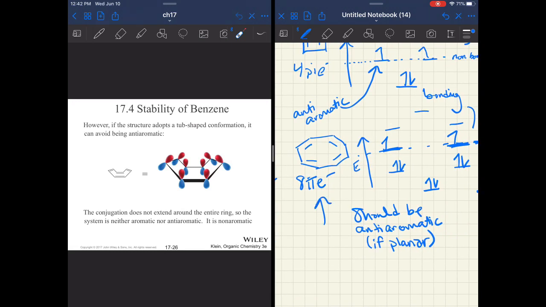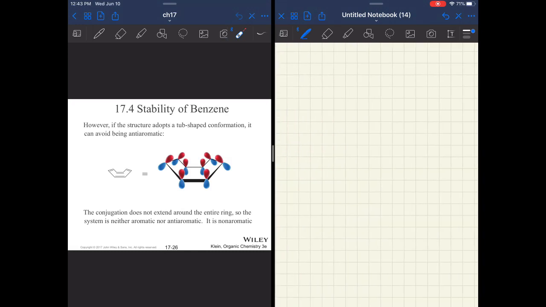This guy, all double bonds conjugated to one another, could be planar, right, without breaking any atoms off. So if this one were planar, it would be anti-aromatic. You can explain reactivity that you see in real life, though, by taking into account that it can fold.